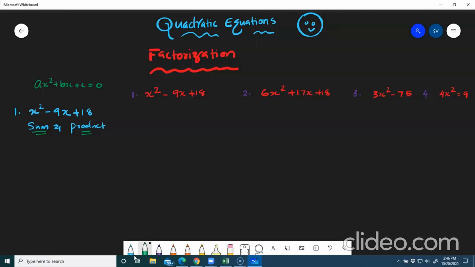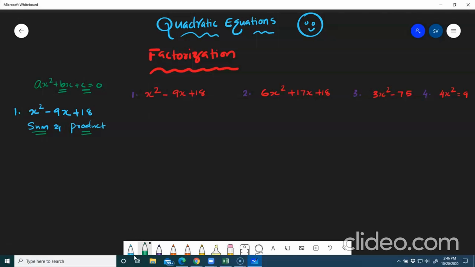And the coefficient of the middle term, that means the coefficient of the first degree term, will represent the sum of its roots. So that is the basic information you need: c is the product and b is the sum.